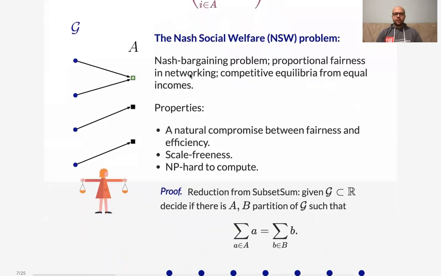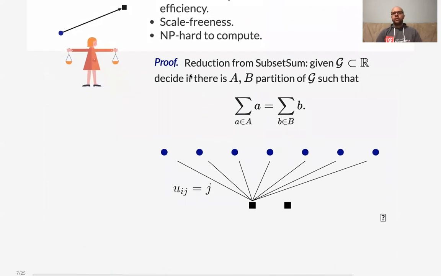So let us show that this problem is NP-hard, and we are going to make a reduction from subset sum. Let me remind you that subset sum is the problem where we are given some set of real numbers, and the goal is to decide whether we can partition the set into two sets, A and B, such that the sum of all elements in one is the same as the sum of all elements in the other one.